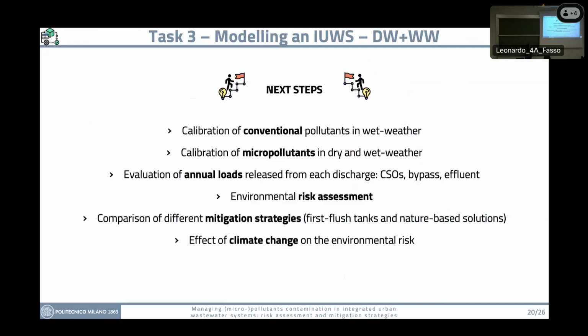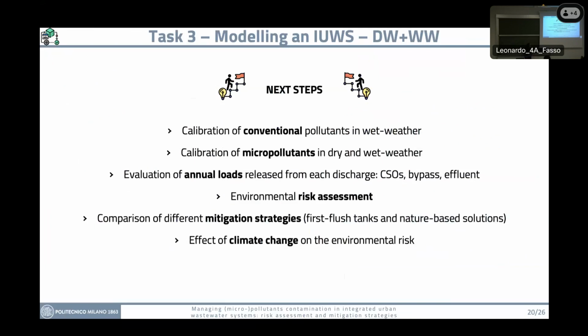So the next steps, we still have some work to do here, and we need to calibrate the conventional pollutants in wet weather and the micropollutants, but in dry weather and wet weather, using the analysis that we performed in task 2. Then we want to evaluate the annual loads released from each discharge to perform the risk assessment.